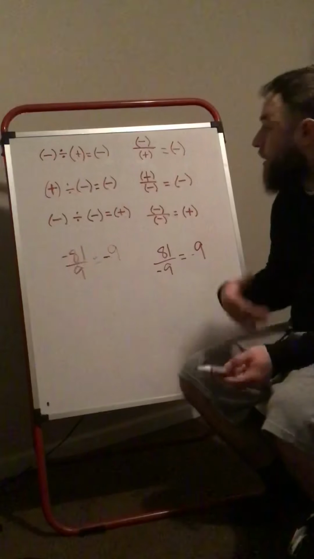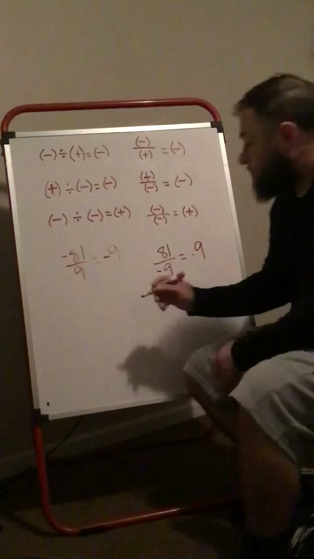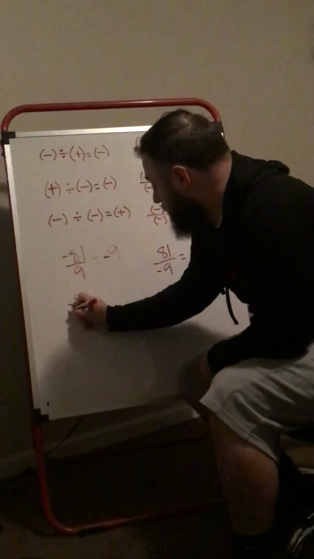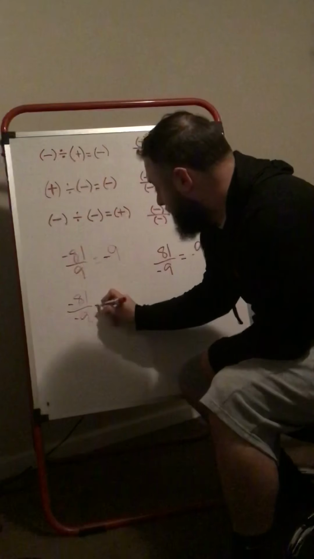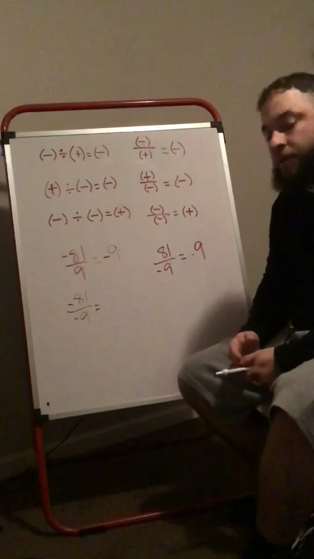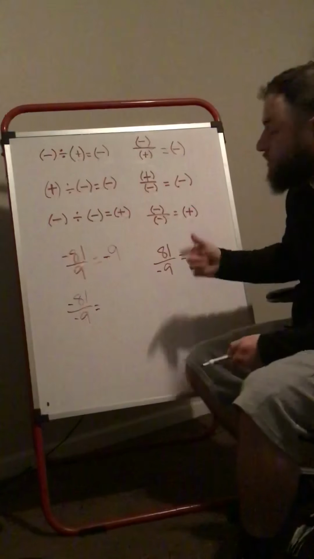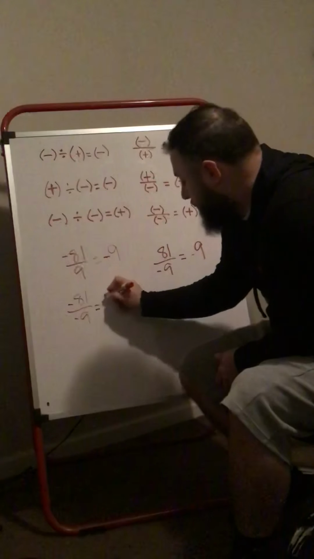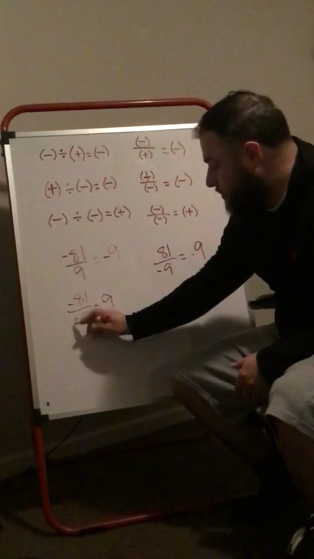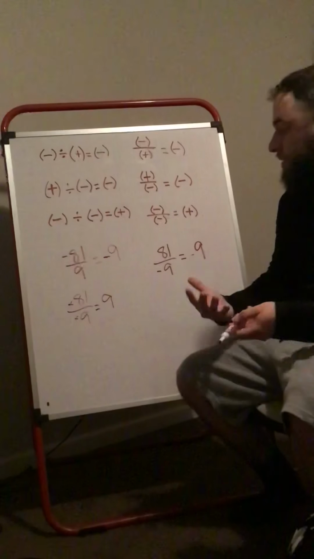And then the last one: we have negative 81 divided by negative 9. Remember, two negatives basically cancel each other out. Two wrongs make a right, so the answer is going to be positive 9. These two end up canceling each other out, as if they go away.